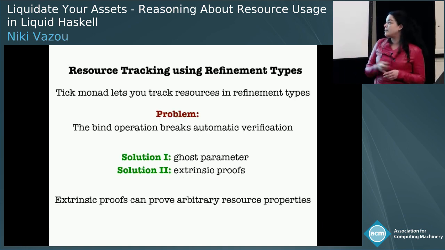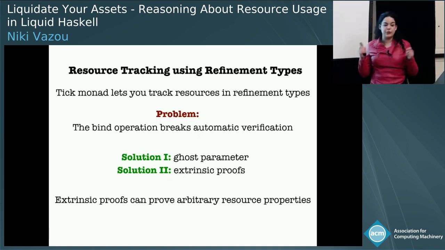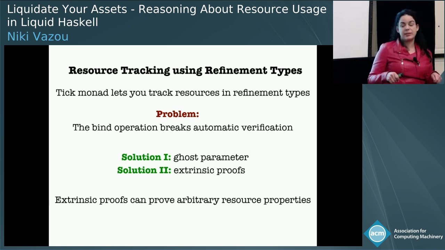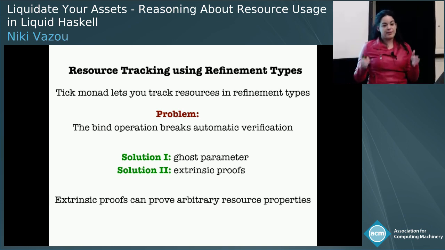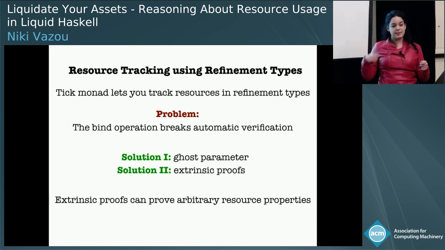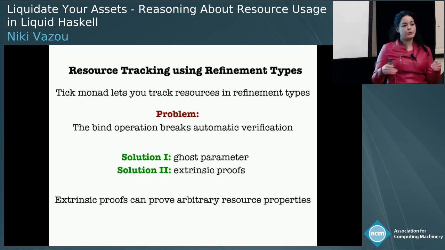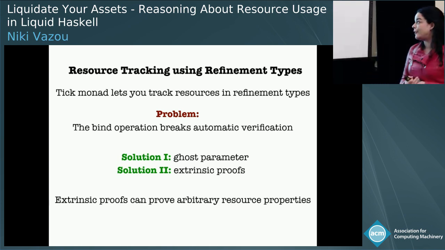So all this is in the paper, and what we saw today is that you can use refinement types, highly automated by SMT, to do resource analysis. And the key idea is that you define the tick monad that tracks the cost, and then you use refinement types to express properties about this cost.